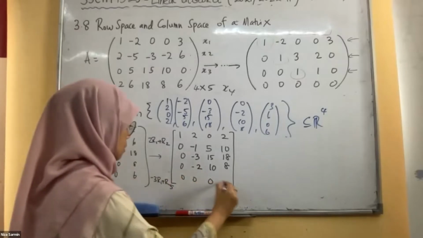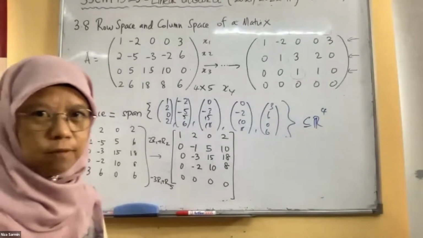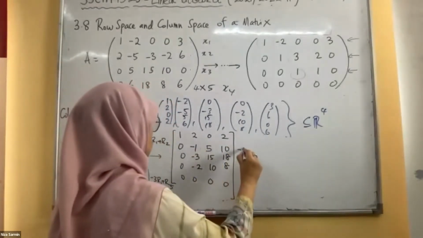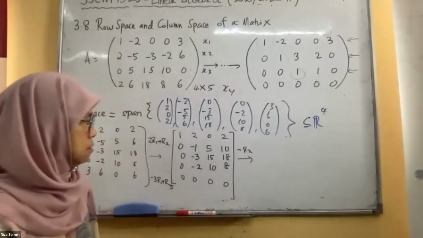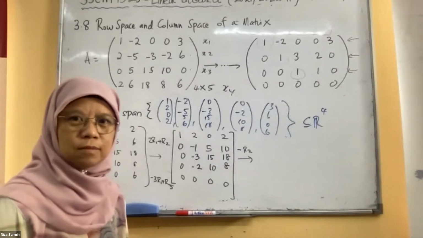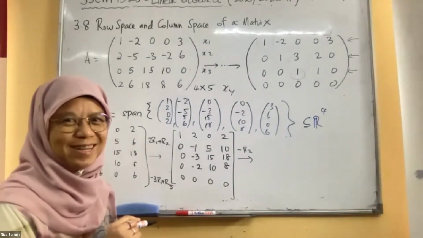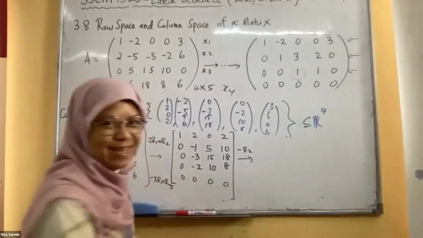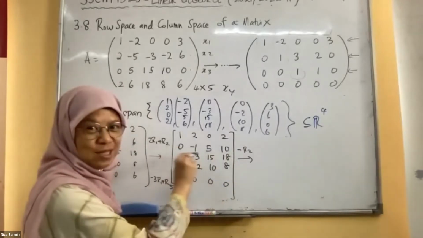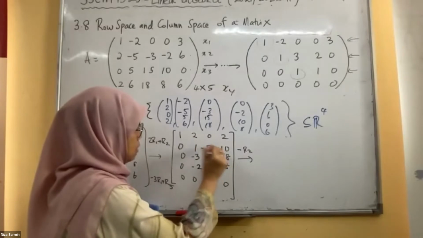Okay. Okay. Next is negative row 2. I want to avoid something here. Yes, copy first. Copy over here. I want to avoid a bit. So, I change negative row 2 here. No need to copy. Okay. 1, negative 5, negative 10.